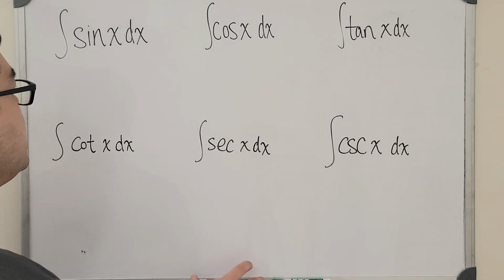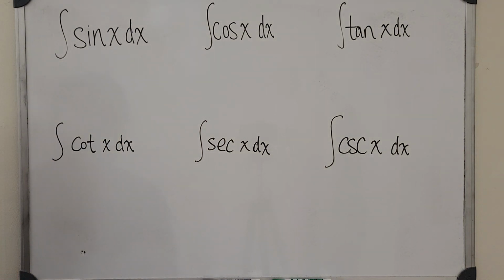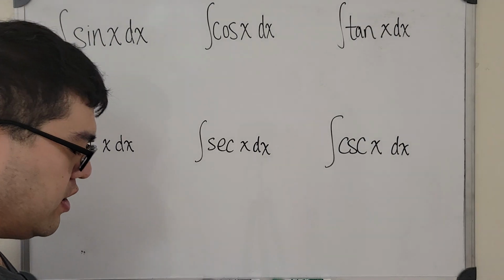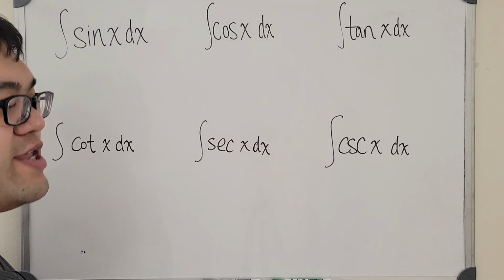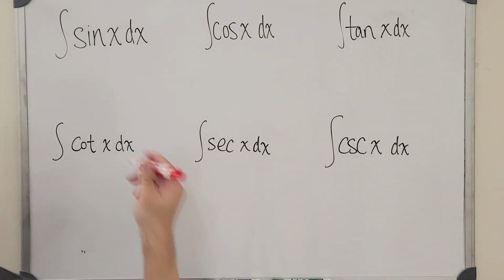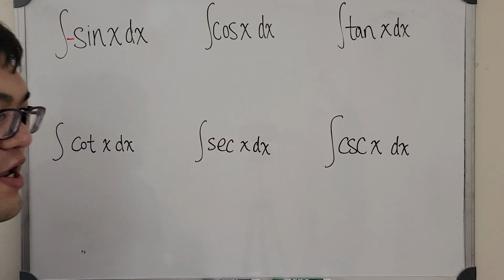So here we go. First one, we have the integral of sine of x dx, but in the derivative result, we have the derivative of cosine of x is equal to negative sine of x. How do we fix it? Well, we're going to multiply by the square of -1.